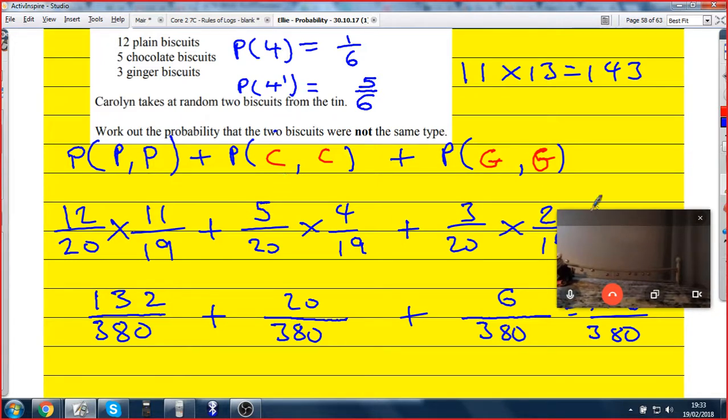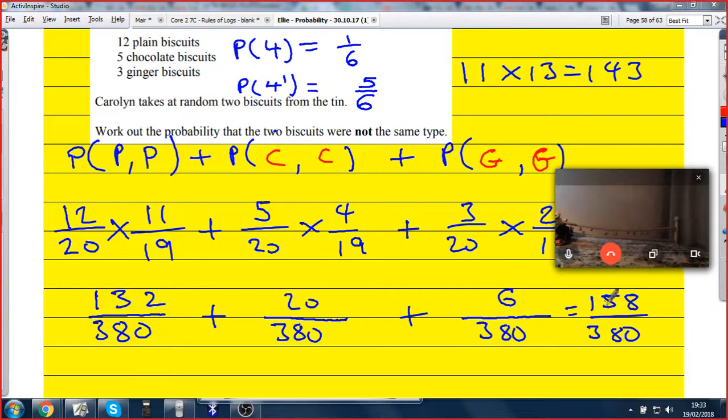So for this question here, there's 158 chances out of 380 that they are the same. How would you figure out the probability that they're not the same? Would you do 380 take away 158, and then whatever the answer is, put it over 380?